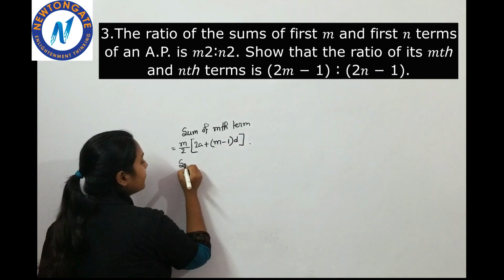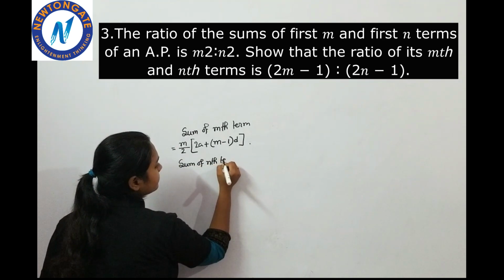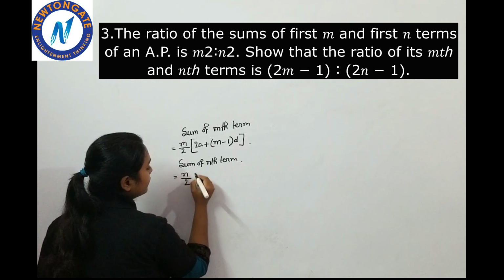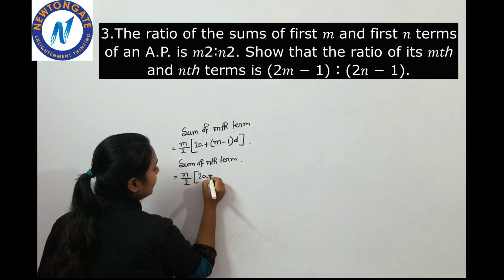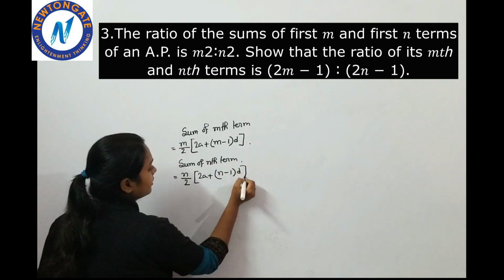And the sum of nth term is n by 2 into 2a plus n minus 1 into d.